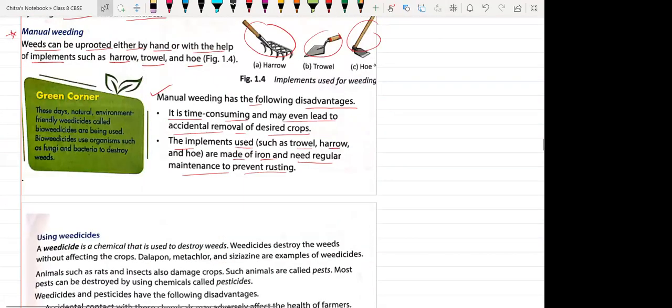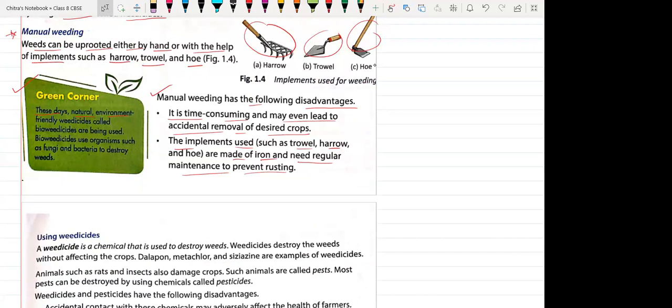Let me explain the disadvantages again. While uprooting the weed, sometimes the crop plants also get uprooted.